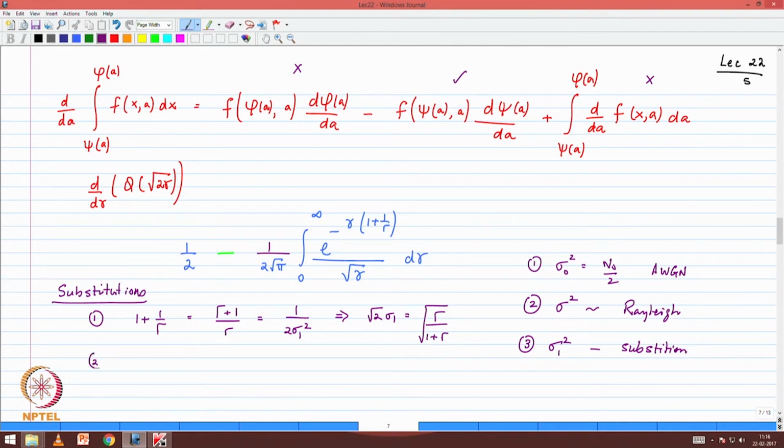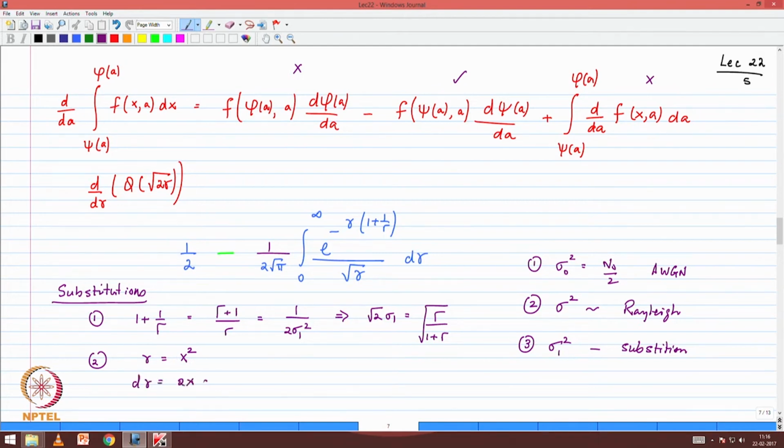The second substitution that will help us complete this discussion is gamma equal to x squared. Now that may seem counterintuitive, because we went from envelope to SNR saying that that's an easier one, but actually for completing the integral, this turns out to help. So since I'm integrating with respect to gamma, I need d gamma.